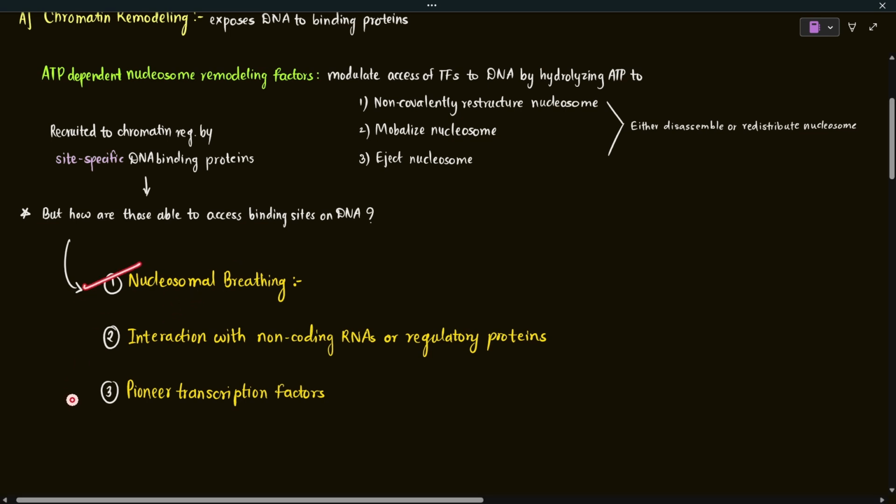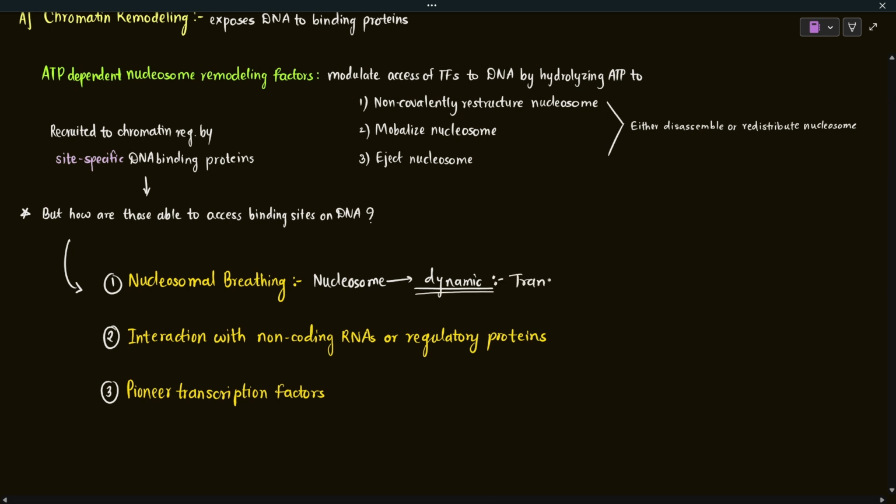One, nucleosomal breathing. What happens is nucleosomes are not static. Nucleosomes are dynamic. What does dynamic mean here? That the nucleosome can transiently undergo partial unwrapping.